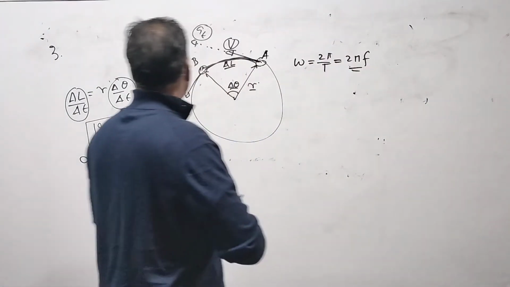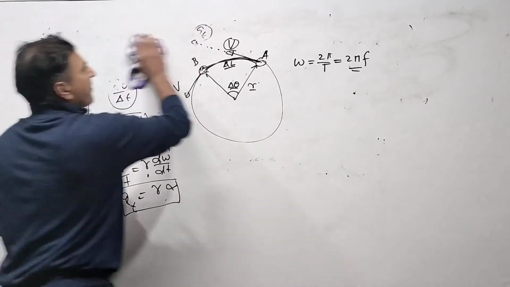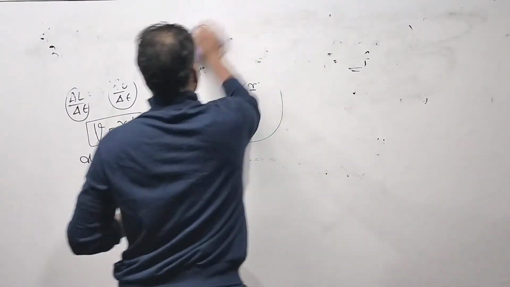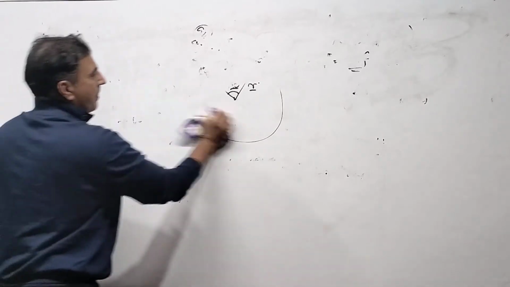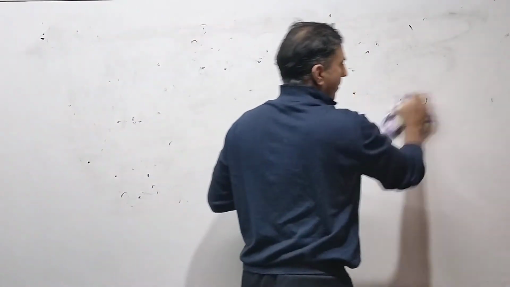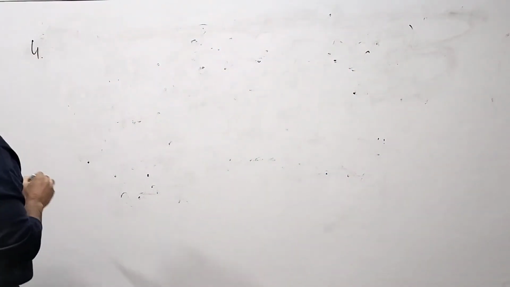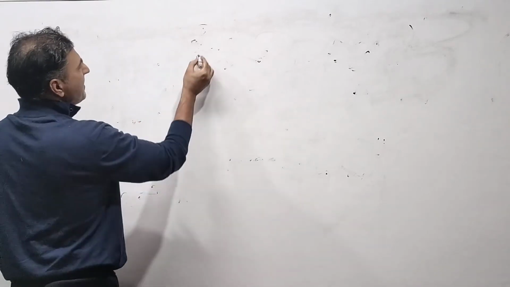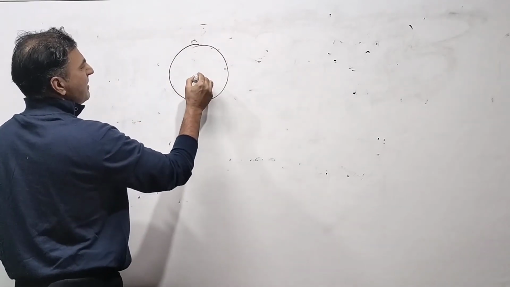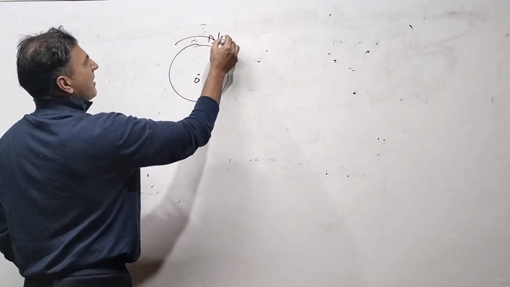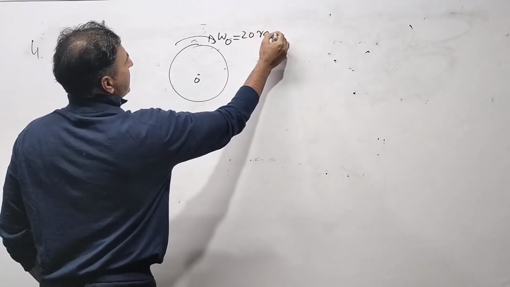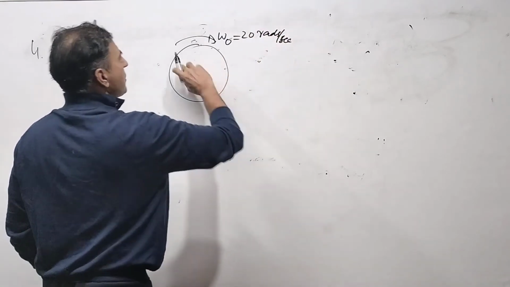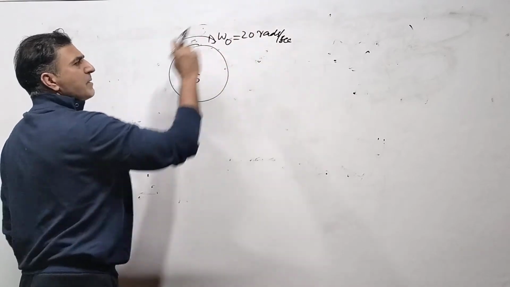Now let me tell you one more important thing, the fourth point. See here, if it is a sphere with its center, and it is rotating with initial angular velocity omega 0 of 20 radians per second.